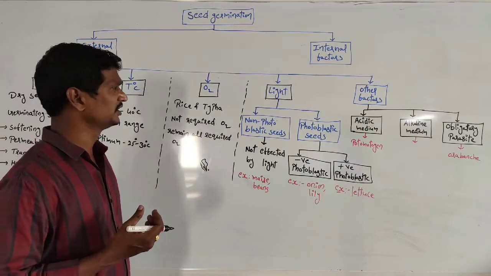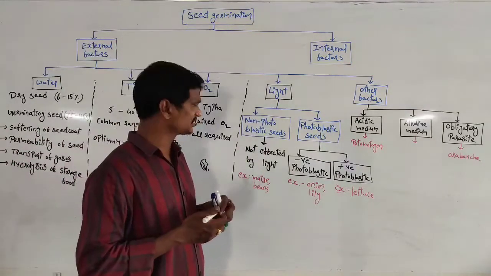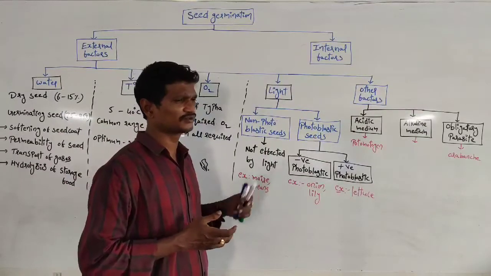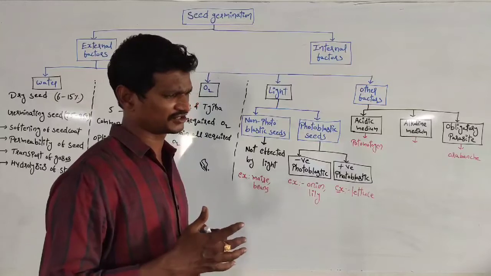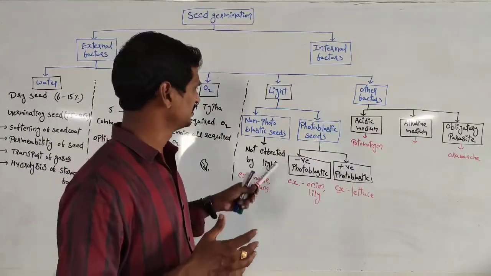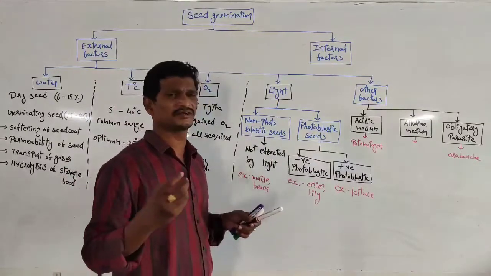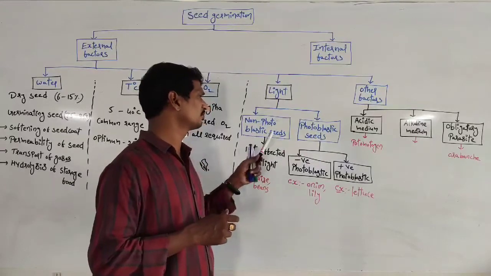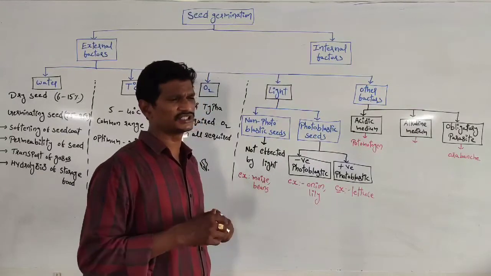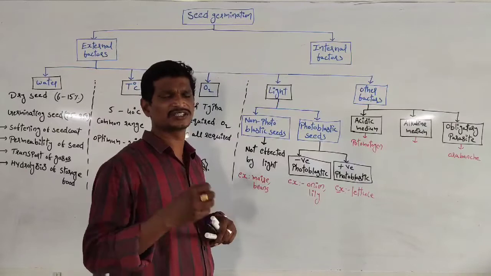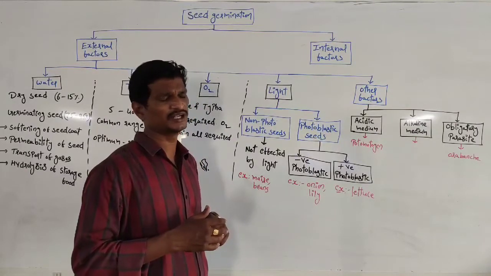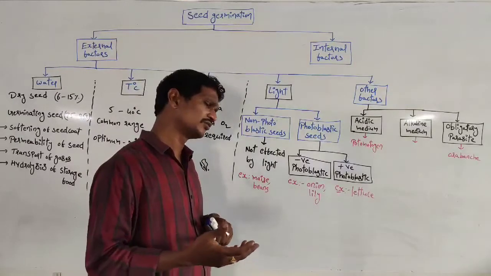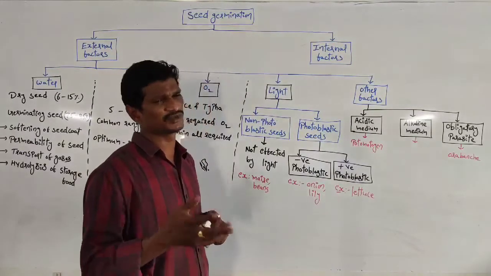Right? See, coming to light, there are non-photoblastic seeds and photoblastic seeds. We know the concept of photoblastic. Photo indicates the presence of light. Non-photoblastic: some seeds' growth or germination is not influenced by light.